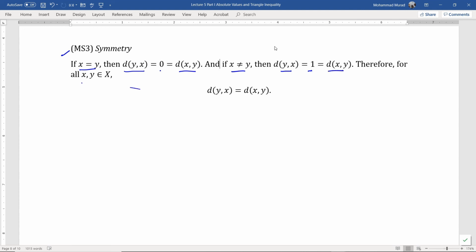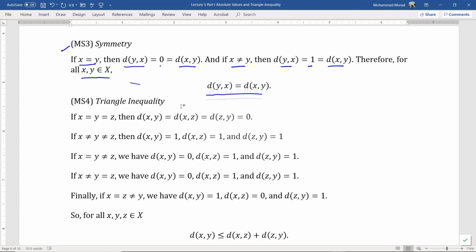Therefore, for all x, y in the set X, D of y comma x equals D of x comma y. So property 3 is satisfied. Similarly, we can try to prove the triangle inequality property of the metric we defined earlier. Please pause the video and have a look at the proof, or see the notes for the details.